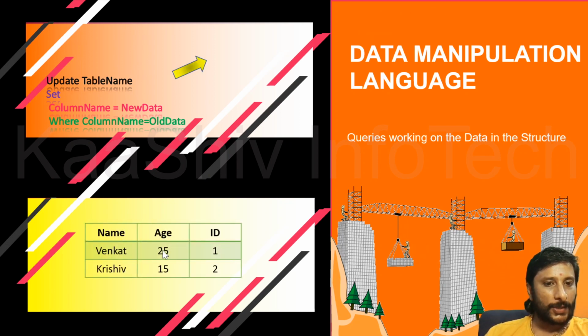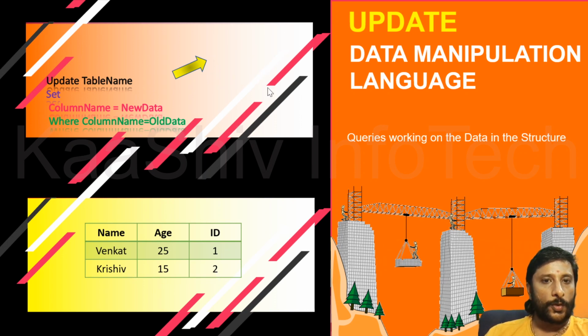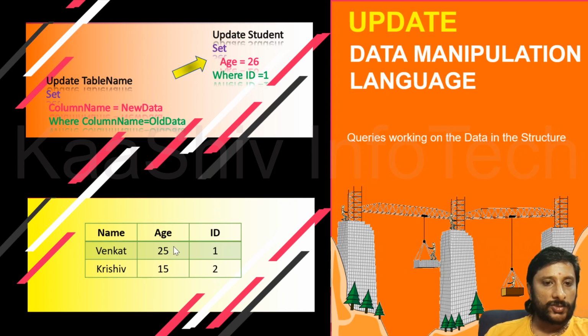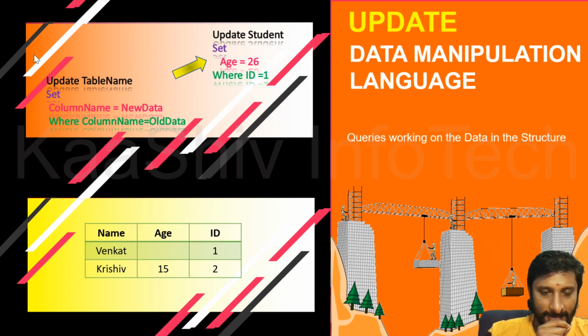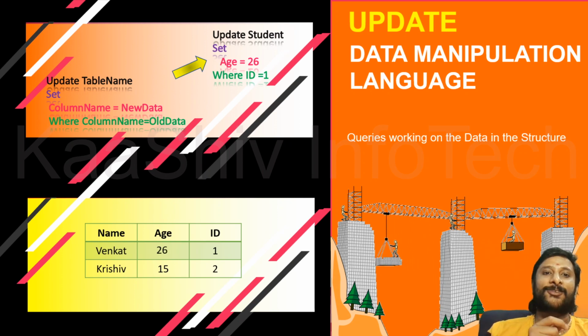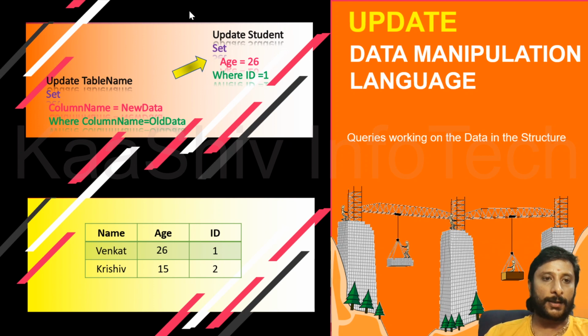You can see Venkat 25 1, Prishu 15 2, set age equal to 26 where ID is equal to 1. The age 25 I want to update to 26. So this 25 should become 26, which is what I'm expecting. I think it's getting changed. Looks good. It's 26.